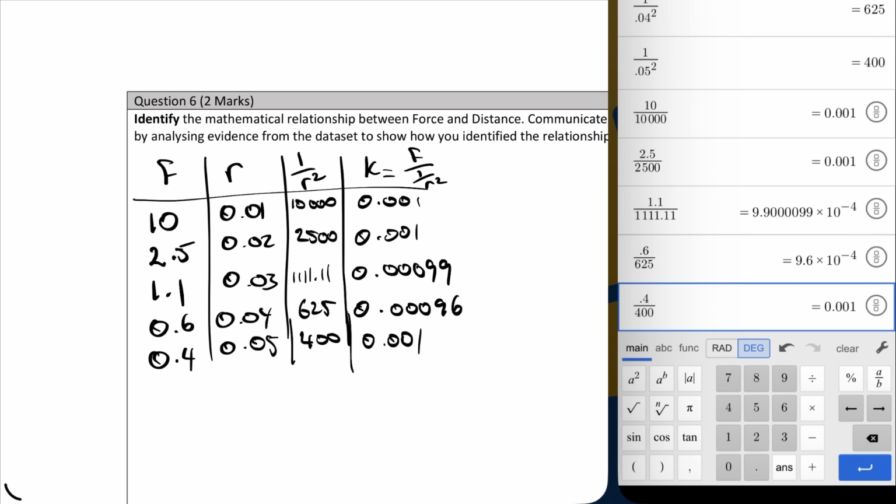It's handy that we found that gradient, because now we can extrapolate the data to determine the magnitude of the force when the distance between the spheres is 0.1 meters. I'm just going to use my equation. So 1 mark here for just using the data.